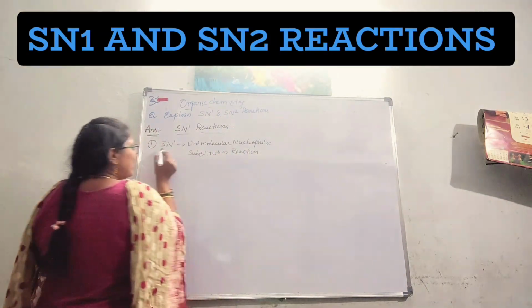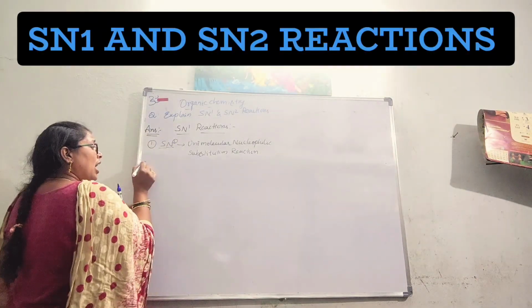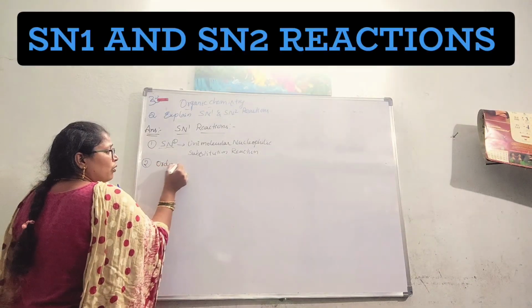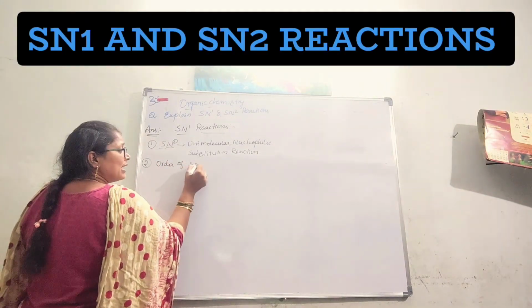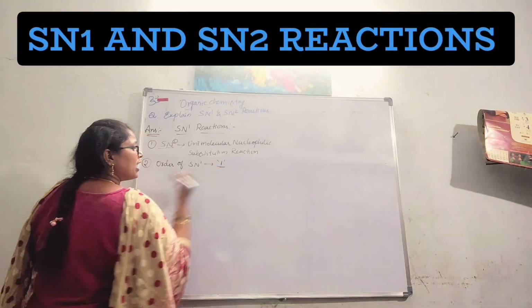What is the meaning of SN1? Unimolecular nucleophilic substitution reaction. And the order of SN1 reactions is 1.